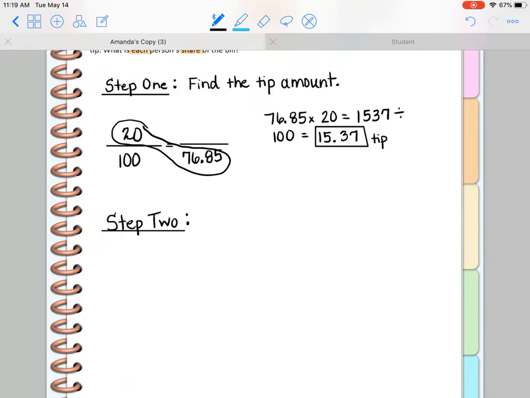And we have. We divided right here with the percent, but we still have problem left. We still have pieces of our problem that we haven't used. So we're not quite finished. There's more division to come. Step 2 is to find the amount we owe.